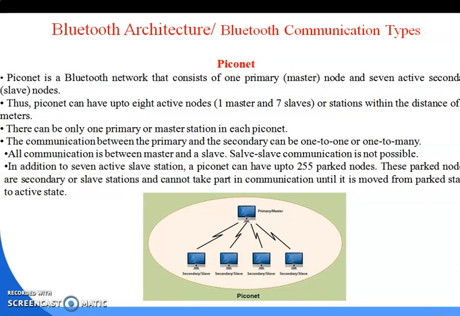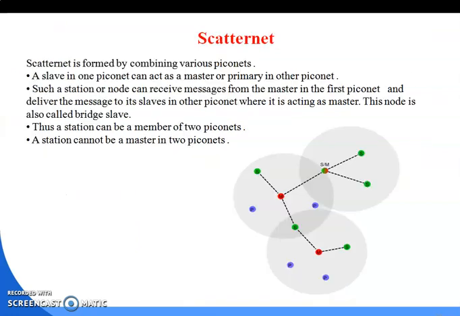There can be only one primary or master station in each Piconet. The communication between the primary and the secondary can be one-to-one or one-to-many. All communication is between master and slave. In addition to 7 active slave stations, a Piconet can have up to 250 parked nodes.